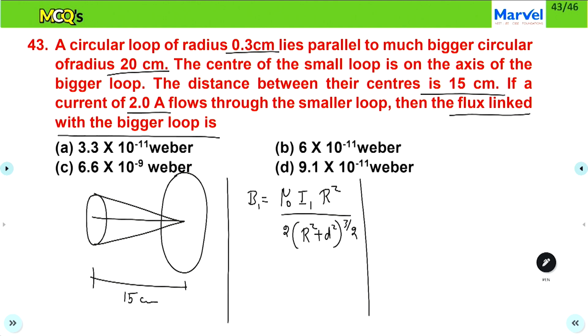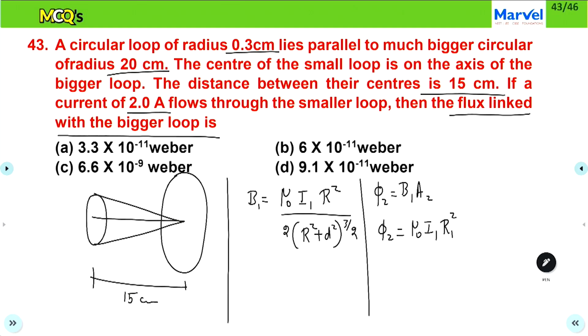Flux linked with the bigger one is going to be phi 2 equal to B1 into A2. So phi 2 is mu naught I1 into R1 squared.